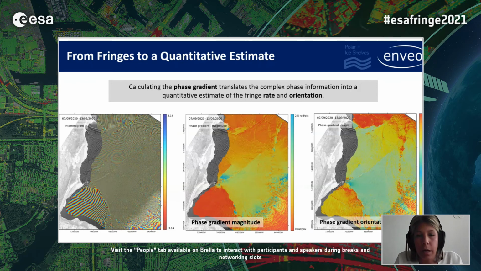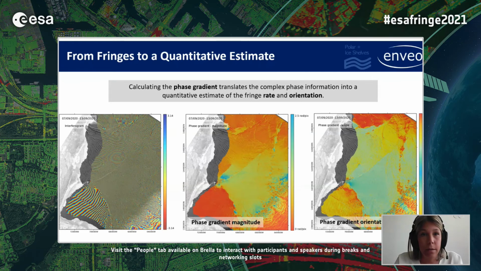So that's pretty convenient, and you obtain this kind of image. In the middle, you have the phase gradient magnitude, and on the right-hand side, you have the phase gradient orientation. You see that in this image you have step edges corresponding to the cracks. Here you have the North Rift, here you have the Halloween crack, and here you have the Chasm. So you really see your rifting system very well.